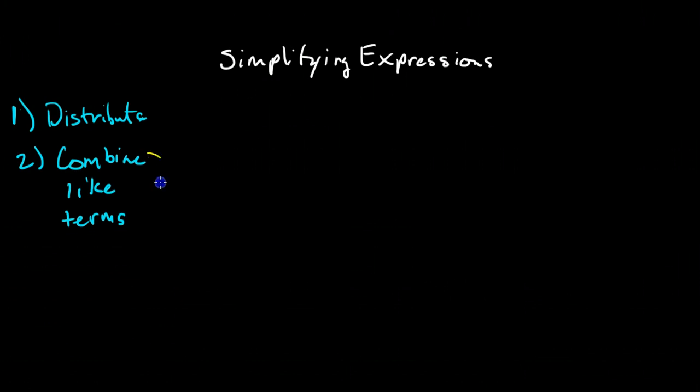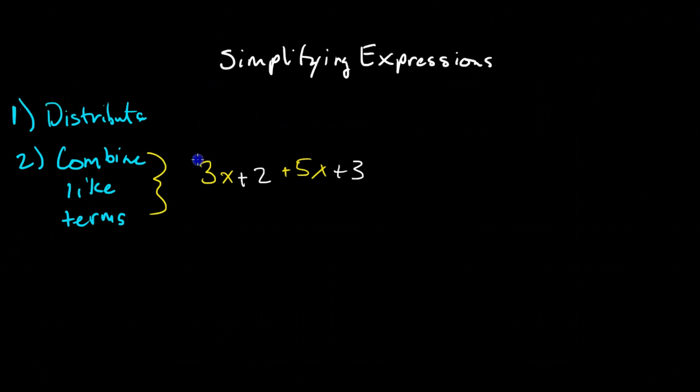Simply put, combining like terms is taking a whole math expression, like say 3x plus 2 plus 5x plus 3, and taking the terms that have the like variables, and even when they have variables, if those variables have exponents on them, then you have to look at the exponents.